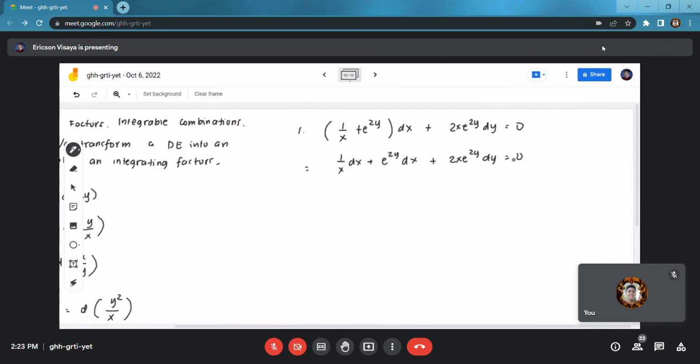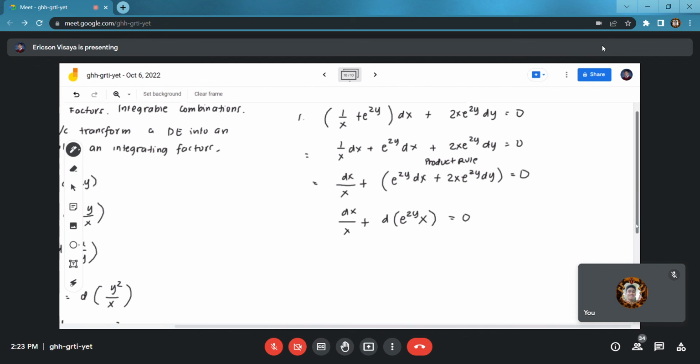So this 1 over x dx becomes dx over x, plus e raised to 2y dx plus 2x e raised to 2y dy, which is a product rule. So we can reduce it to dx over x plus the derivative of e raised to 2y times x, equal to 0.